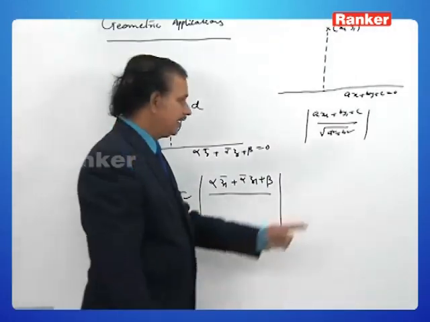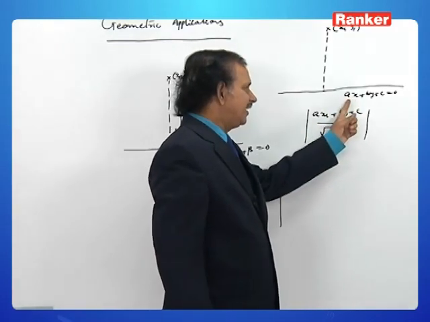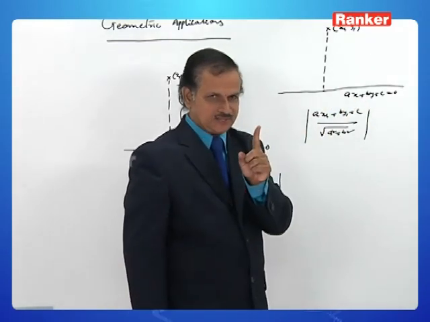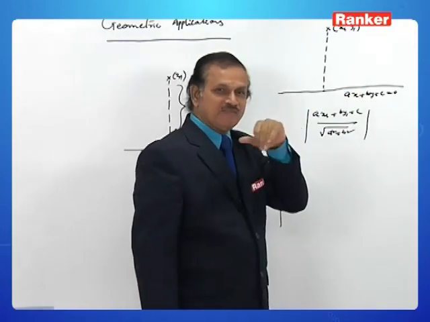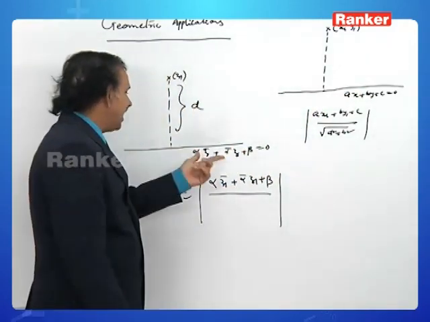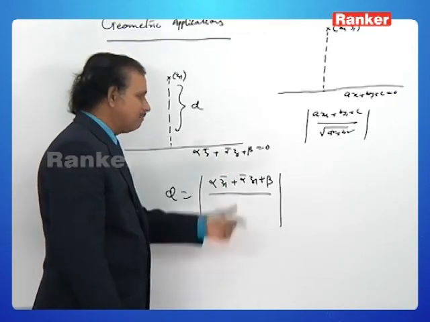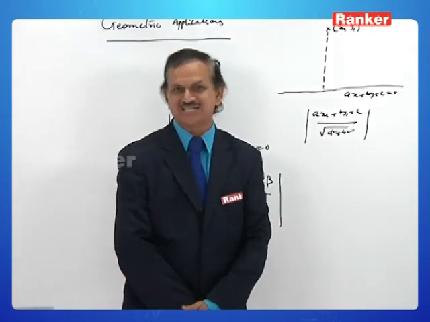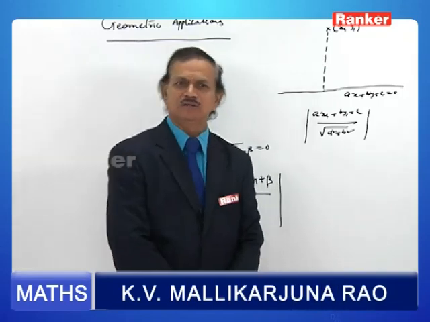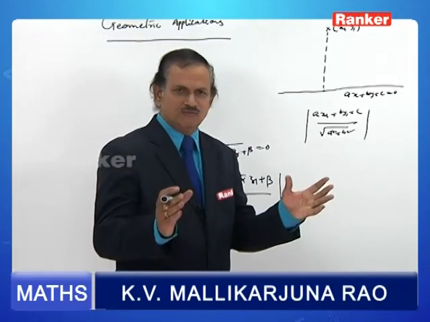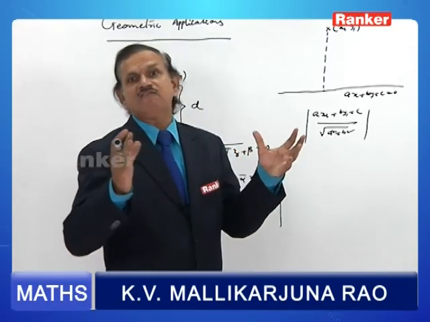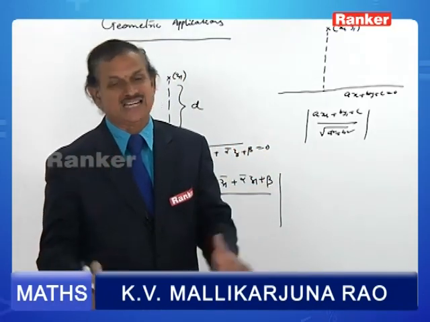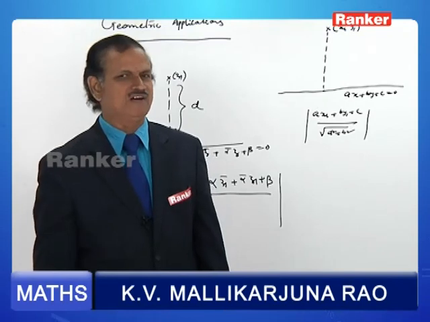stop there. Here root of a square plus b square, isn't it? In the place of ax plus by, what do you have here? Alpha z bar plus alpha bar z. You remember, we have noticed, we have put that particular quantity in our mind. What is alpha z bar plus alpha bar z?